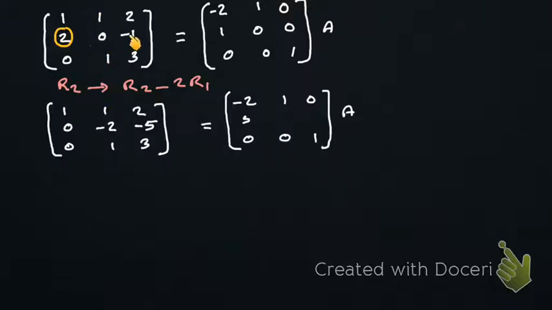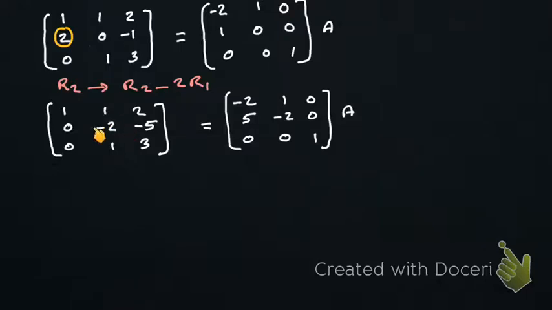Minus 1 minus twice of 2, minus 1 minus 4 is minus 5. 1 minus twice of minus 2, 1 minus minus 4 is going to be 5 there. 0 minus twice of 2, 0 minus 2 is minus 2, and 0 minus twice of 0, 0 minus 0 is 0. So we did that operation. What we did here until now is we made A11 as 1, got the remaining elements zeros.